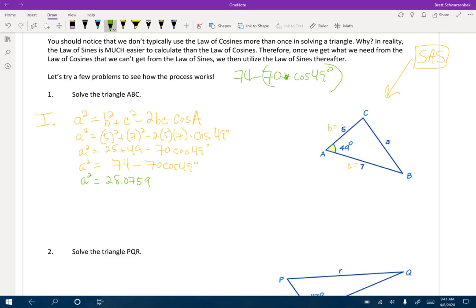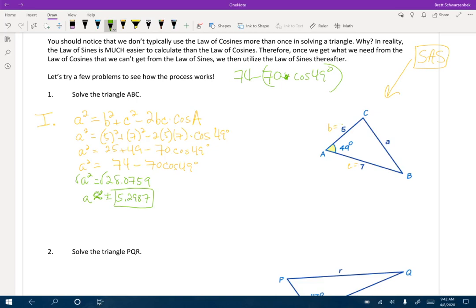Once you get that, you have a squared, which means you have to take the square root of both sides and get a is equal to plus or minus 5.2987, an approximation. But we obviously don't need the negative sign because a length can't be negative, so 5.2987 is going to be the length of side A.